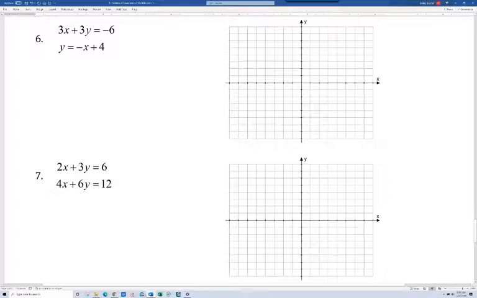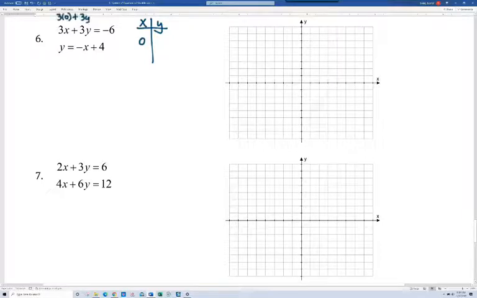So on number 6, I think for the first one here, I want to go ahead and make a table of values. Notice that 3 and 3, the coefficients of x and y, divide evenly into the constant here, negative 6. This is a perfect setup for finding the intercepts. So let's go ahead and let x be 0.